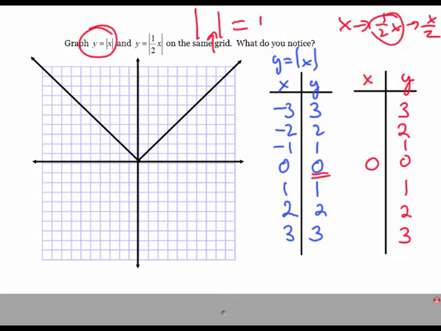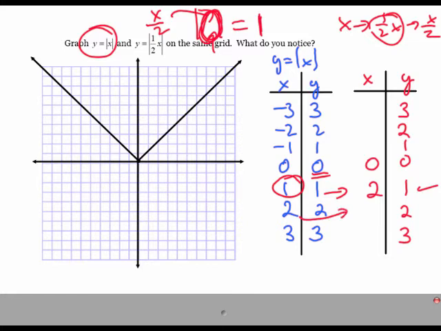Okay, let's change this. So now we want to have 1 come out, and we know that the whole thing in here has to be 1, but since my input is going to be divided by 2, it means that my new input has to be twice as big as it was before. 2 divided by 2 to give me 1, and the absolute value of 1 to be 1.